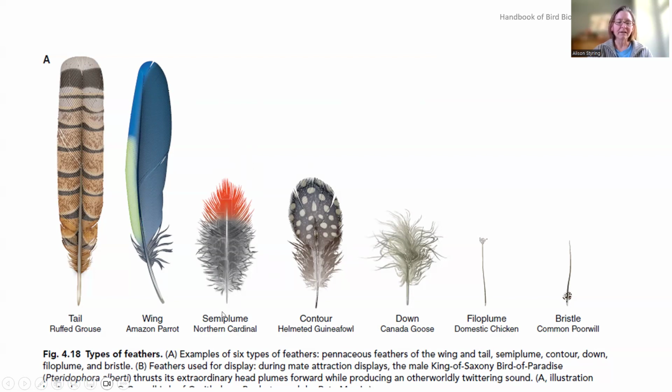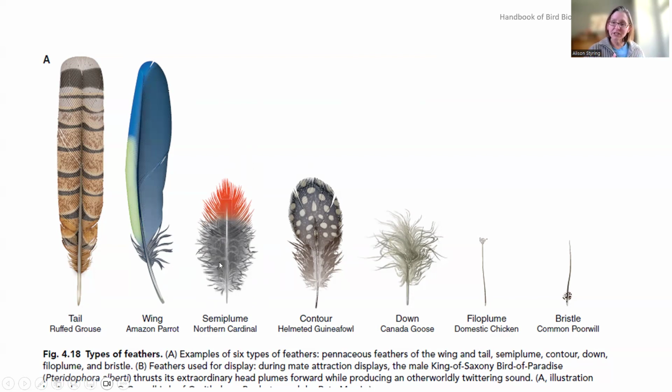This one here is called a semiplume, and it's a feather from a northern cardinal. And you might remember that there was this portion of the feather that we call pennaceous, that interlocking smooth portion, and then the portion that we call plumulaceous. Well, a semiplume is partially plumulaceous, and in this northern cardinal feather, there's quite a lot of this plumulaceous feathering.